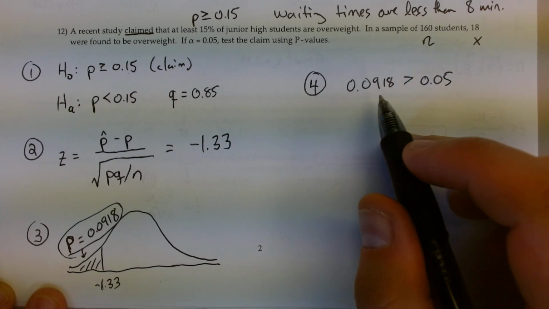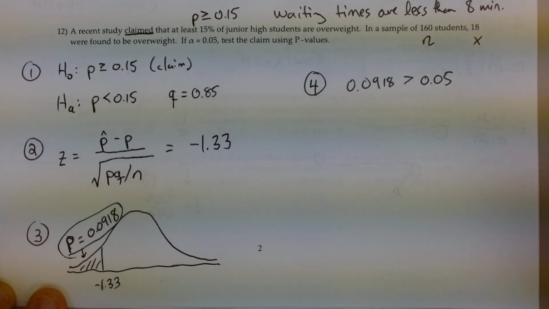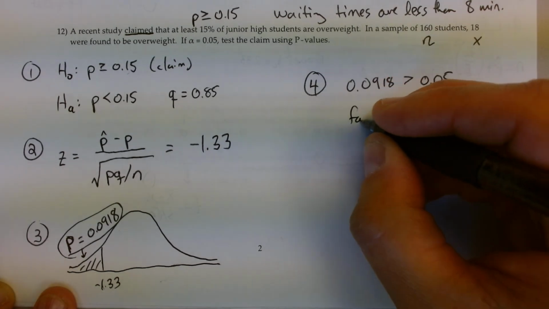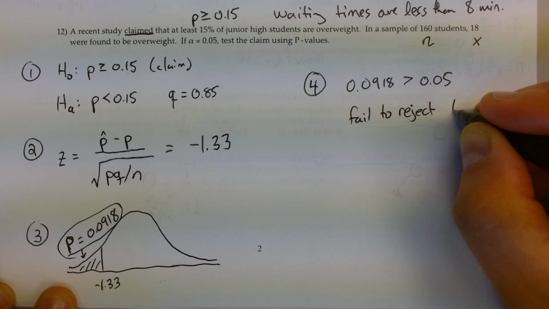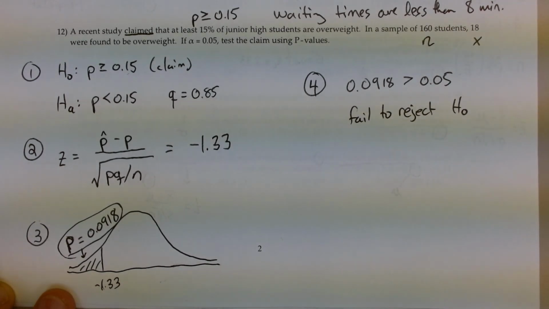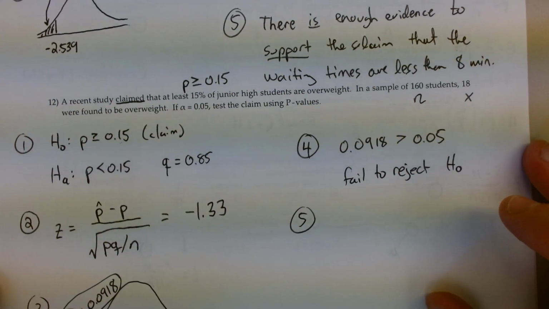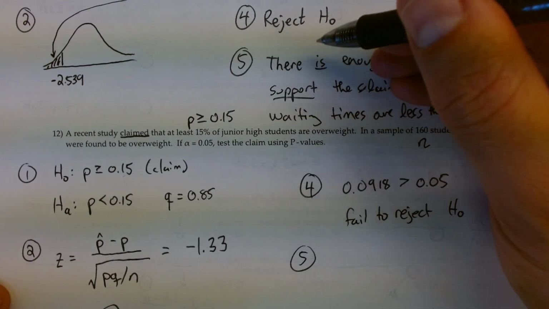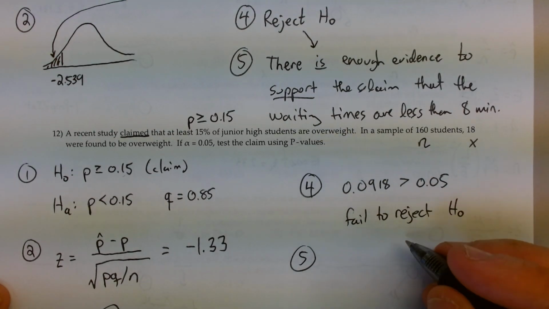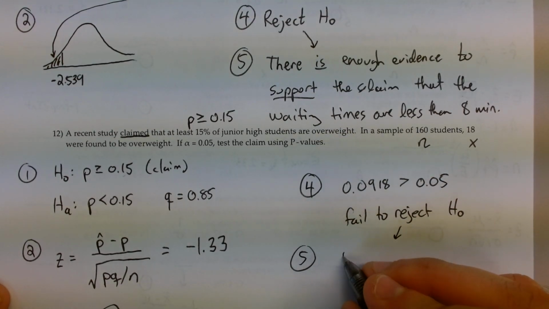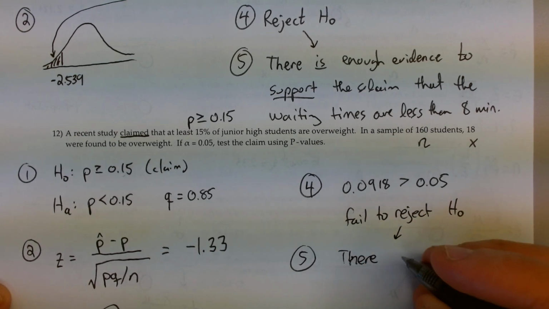So because that's beyond that, we would conclude that it's too risky to reject the null hypothesis here, so we fail to reject it. And then failing to reject, remember, rejecting always means that there is enough evidence. Failing to reject always means that there is not enough evidence, or that our data is not statistically significant.